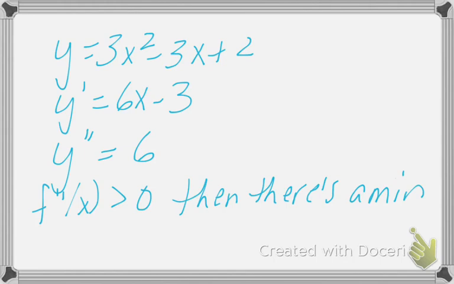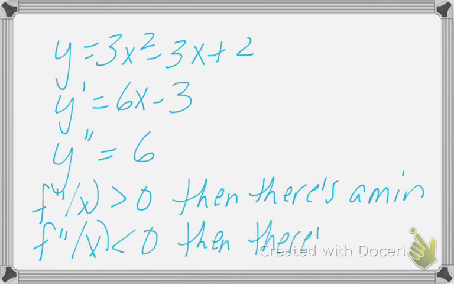If it had been a negative number, so that f double prime of x is less than 0, then there's a max. Okay, so in this case, y double prime was greater than 0, so therefore there's a min.